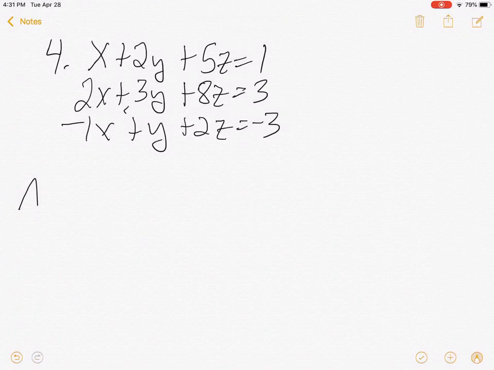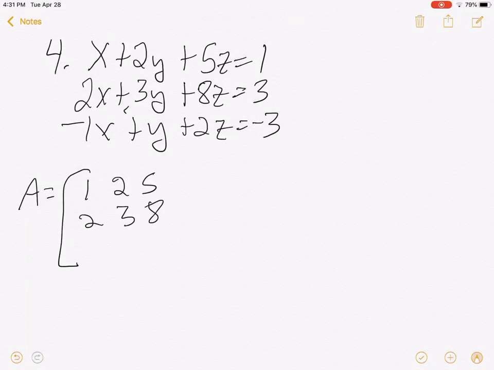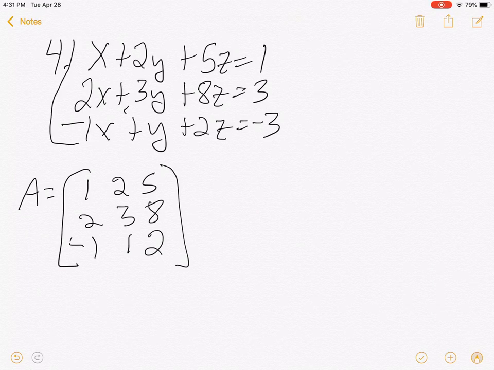And they tell you that A is equal to the matrix 1, 2, 5, 2, 3, 8, negative 1, 1, and 2, which is this guy right here in a matrix. Okay? Then they tell you the inverse of that guy.